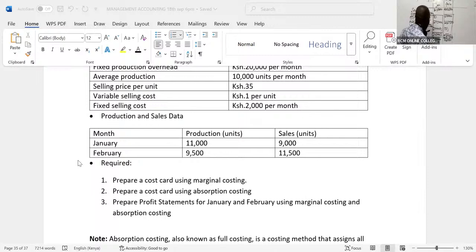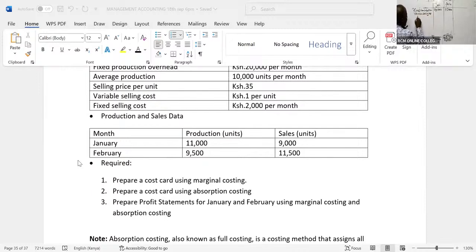Let me actually write up here. So I have my gross contribution: 90,000, and then we have 115,000, isn't it? And then we come under less the variable selling costs.